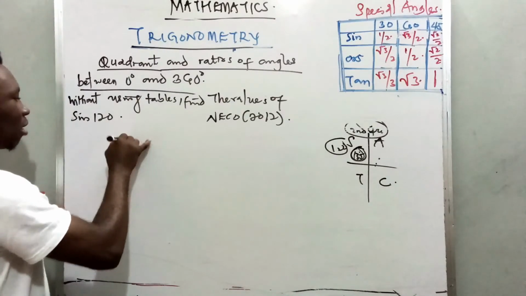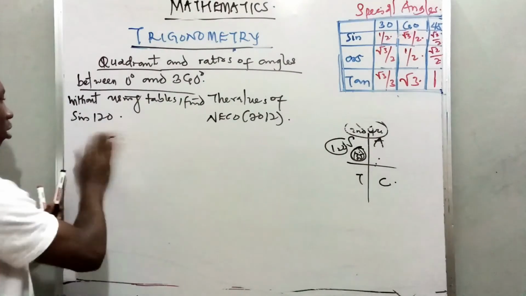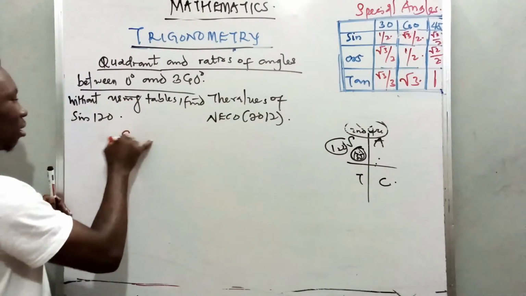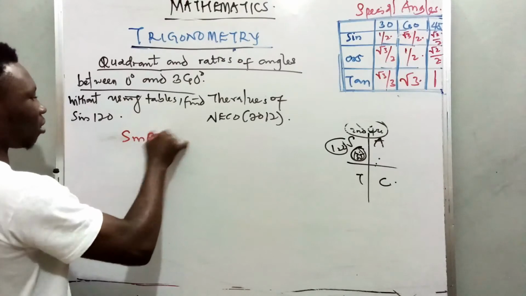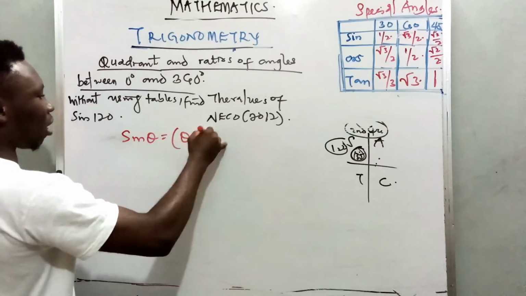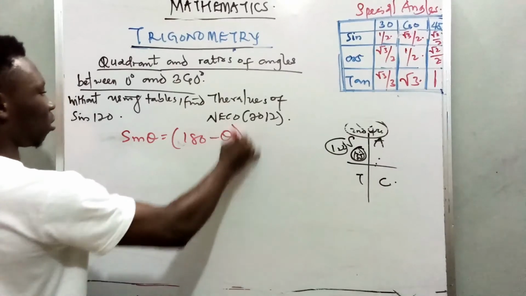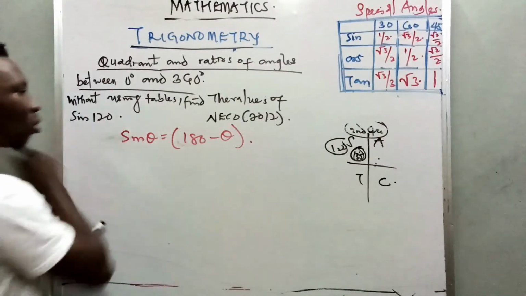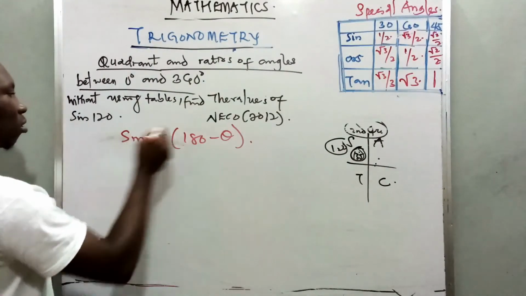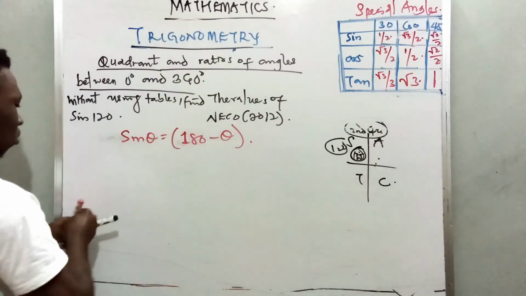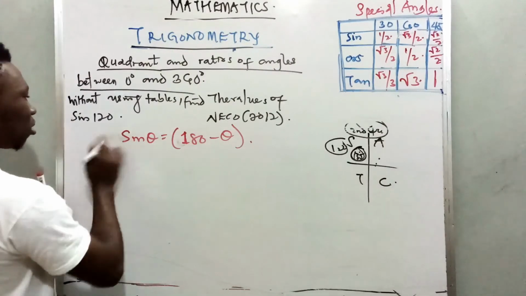So sine, don't forget the relation that says sine theta is equal to sine of 180 minus theta. So with this, we can now proceed.